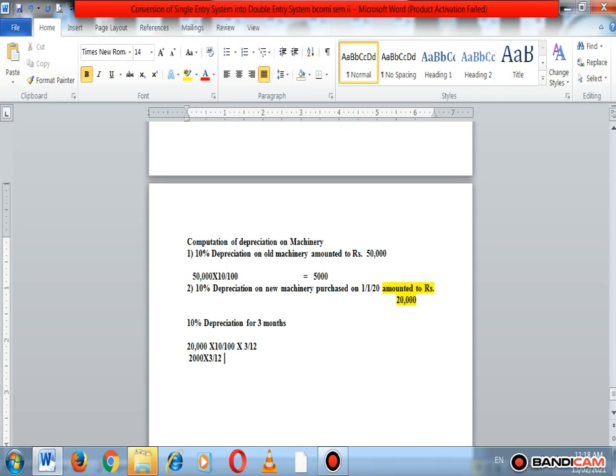Okay, amounted to rupees 500. 2,000 divided by 12 multiplied by 3.